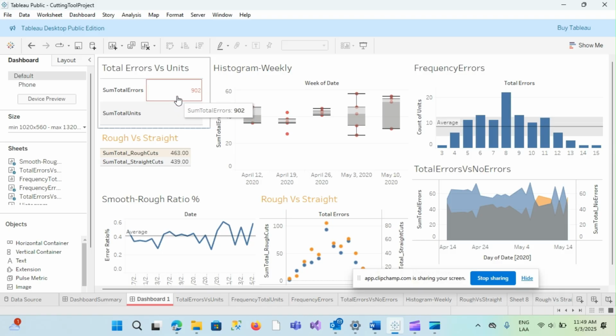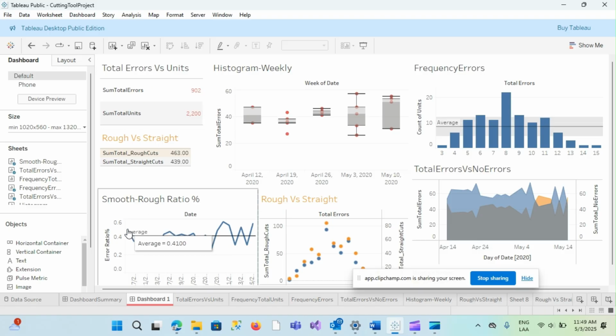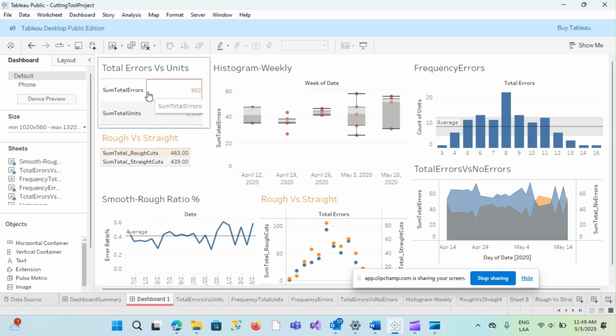And then we got a total of errors of 902, which almost represents 41%. So I have here a ratio that I created, opening a new smooth route ratio, which represents the units versus the errors.